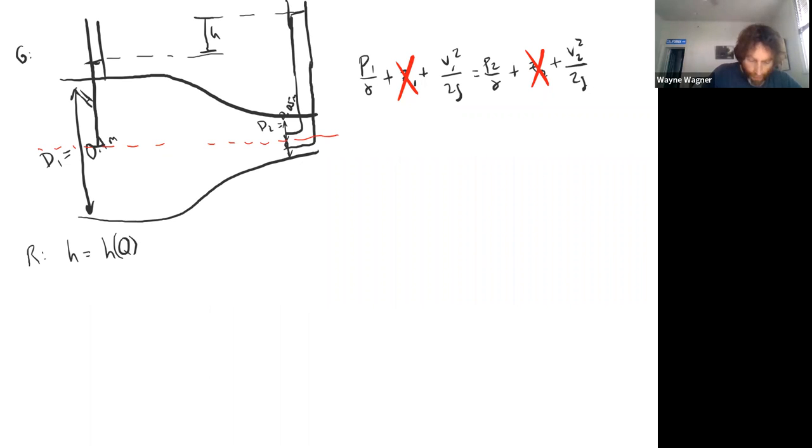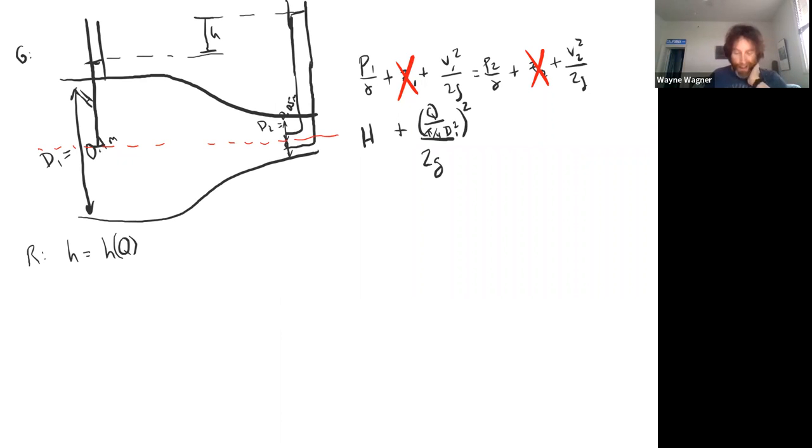So we're going to call this H plus V1 squared on 2g, but we need an expression with Q in there. So V1 is going to be Q on A, which in this case is pi over 4 times D1 squared, and then we're going to square that.